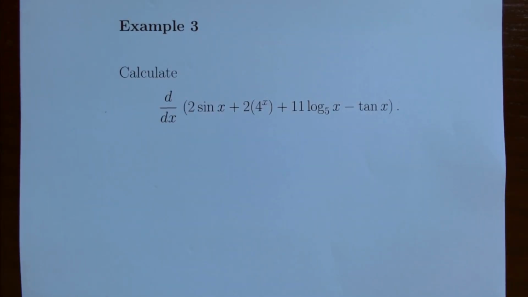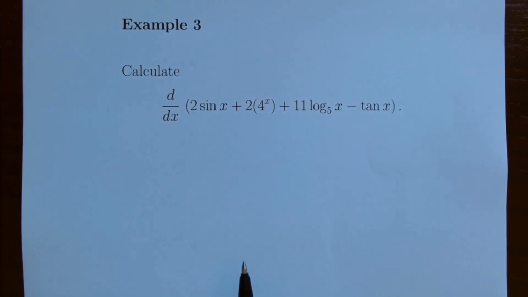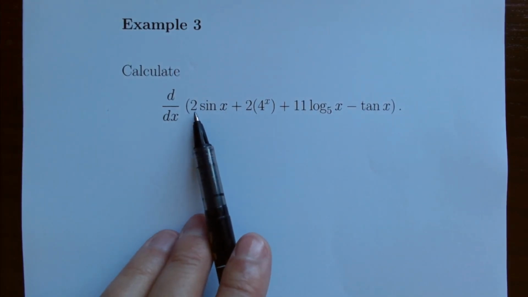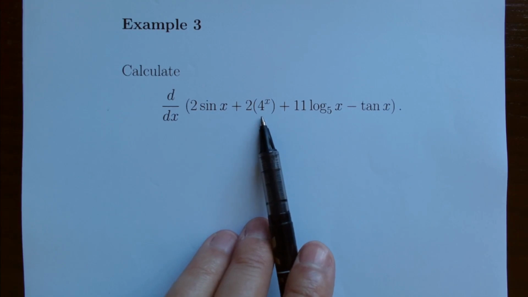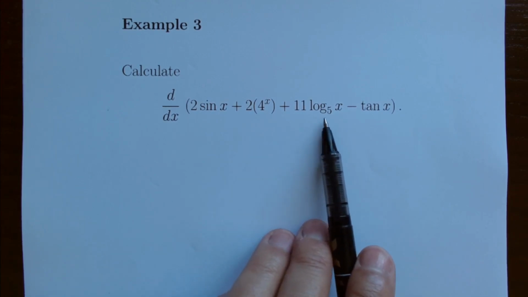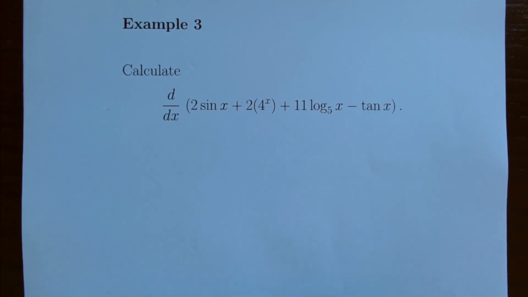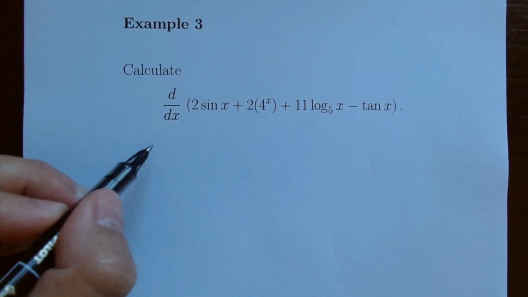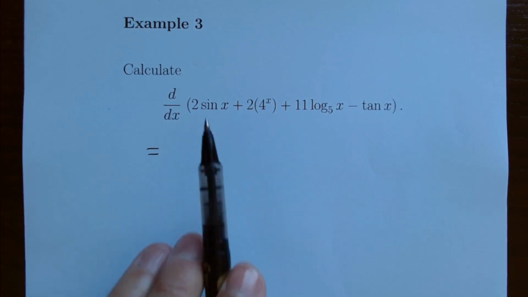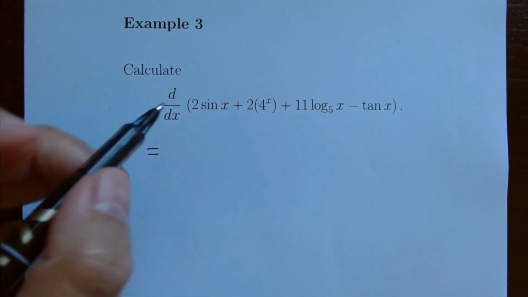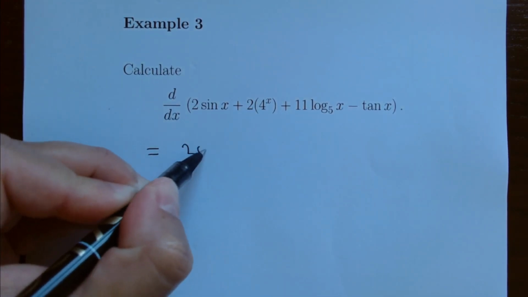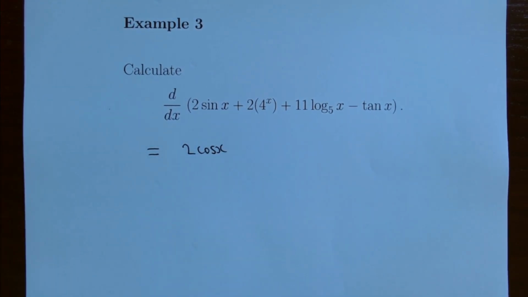Okay, question number 3, we need to differentiate 2 sine x plus 2 times 4 to the x plus 11 log base 5 of x minus tan x. So we begin. So we know that sine x becomes cos x, so we get 2 cos x.